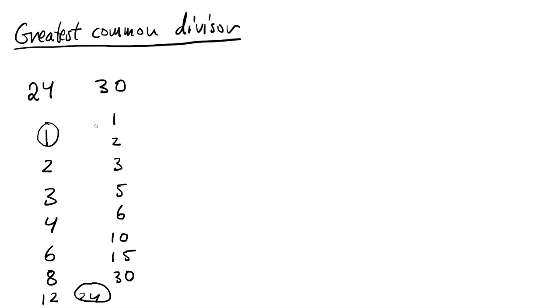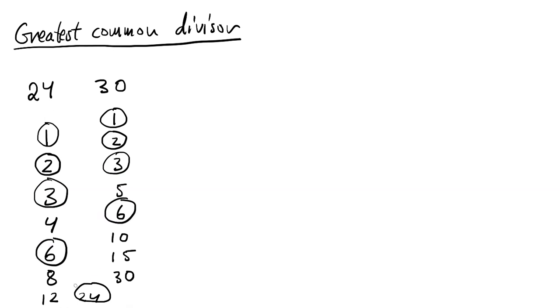So what is the greatest common divisor? We see that they have 1 in common, 2 in common, 3 in common, 6 in common, and that's the largest one they have in common. So the greatest common divisor is 6. That's the largest integer they have in common as a divisor.